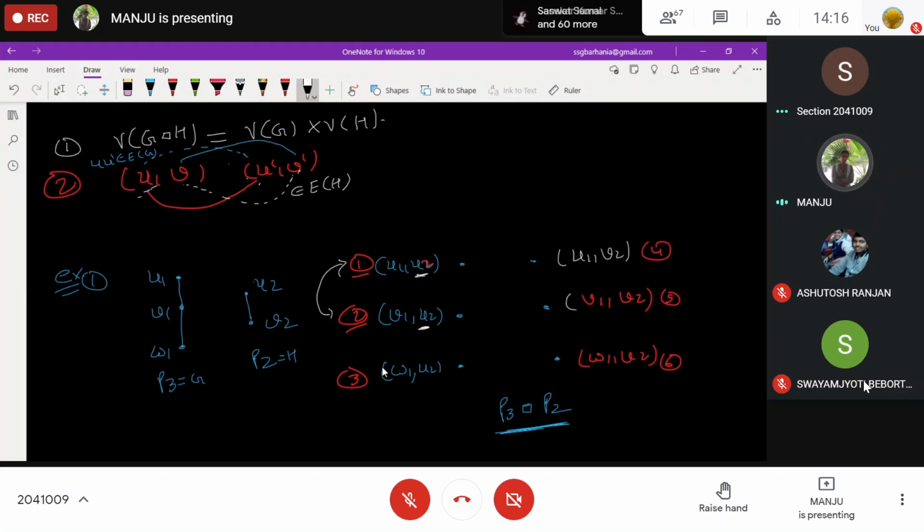Here the second coordinate is the same, yes sir. Do we have any edge in the graph G? Which one? Sir, U1 V1. So can we draw this line or not? So 1 is adjacent to 2. Now tell me, is 1 adjacent to 3 or not?